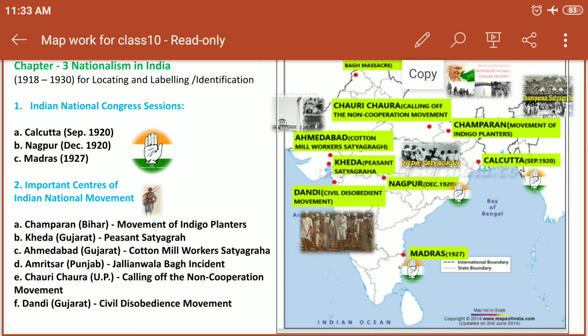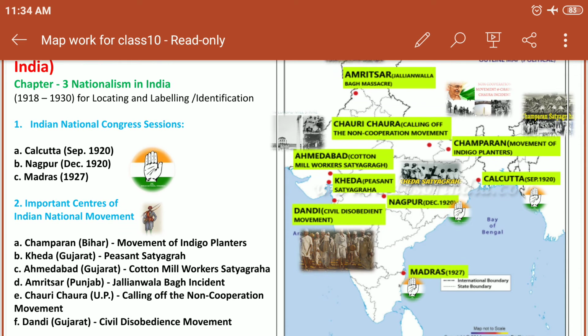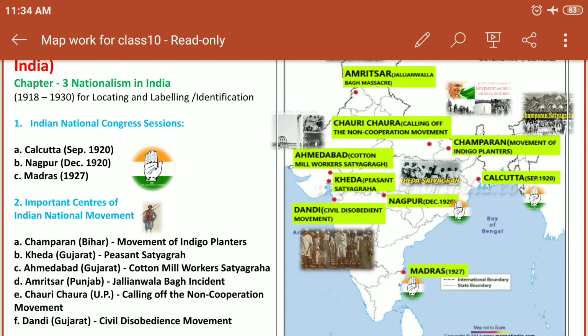Then Amritsar, the Jallianwala Bagh incident, which happened on 13th April 1919. It is in Punjab. Then Chauri Chaura.